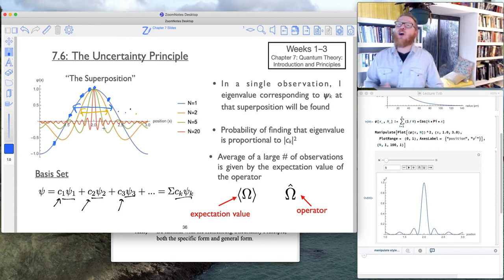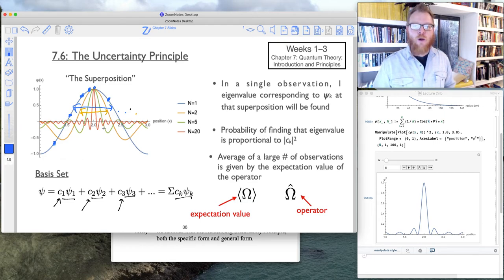And if I make a large number of these observations and I average them all together, I will arrive at my superposition. Okay? And so, of course, the more of these wave functions I build in, the more precise my superposition becomes. And so the probability of finding that eigenvalue becomes proportional to the normalization constant squared.